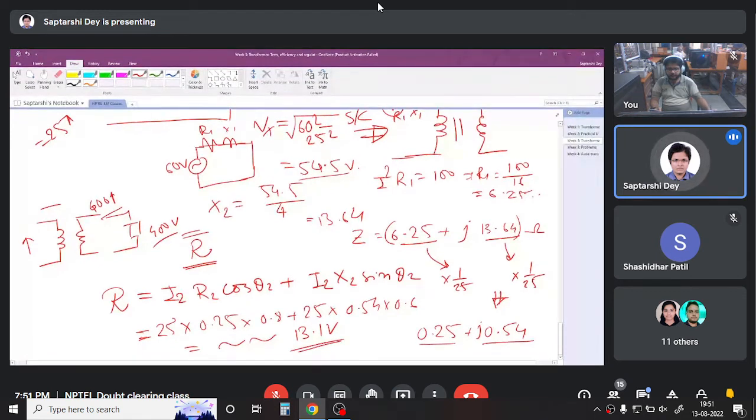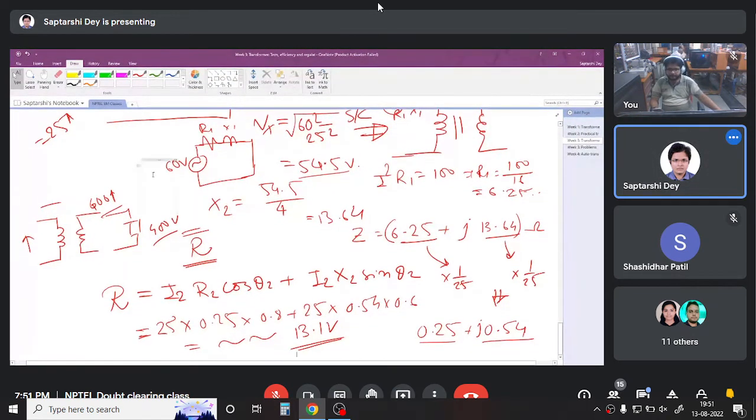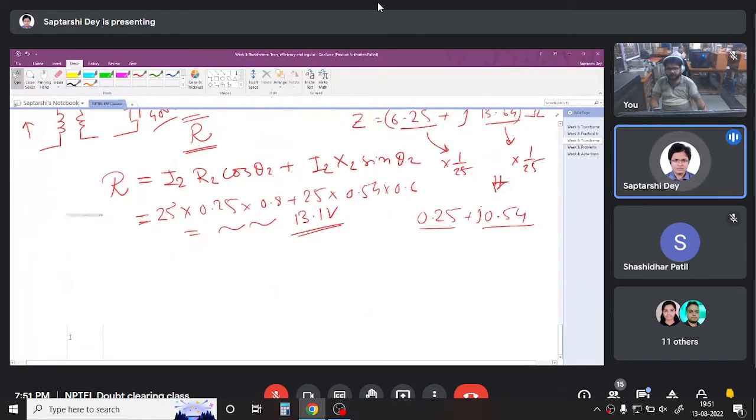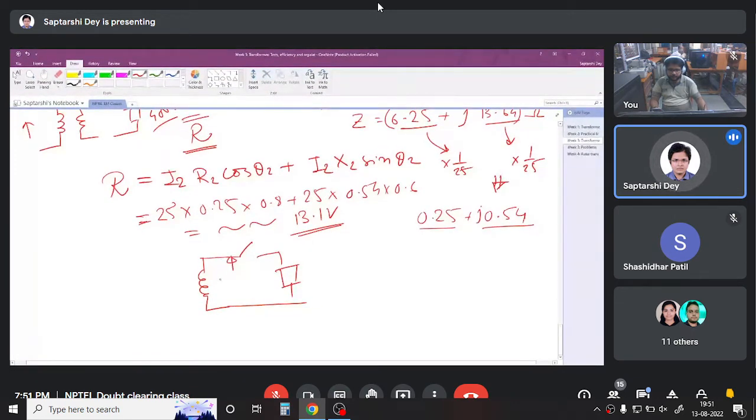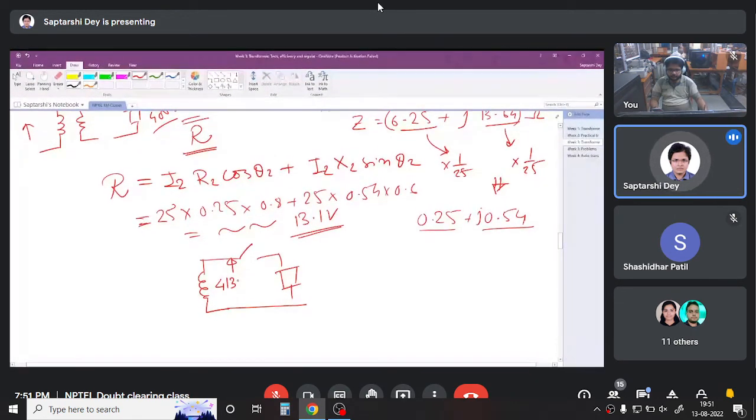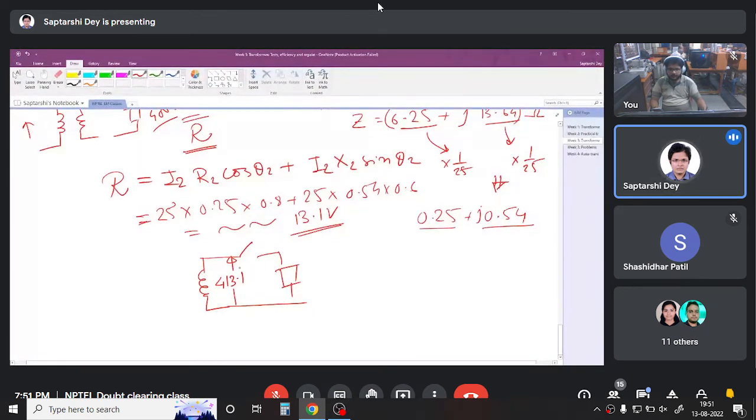Okay, now try to understand. The voltage regulation is 13.1 volt, right? What does that mean? That means that on the low voltage side, before connecting the load, the voltage was 413.1 volt. After connecting the load, the regulation happened and the voltage dropped to 400 volt.